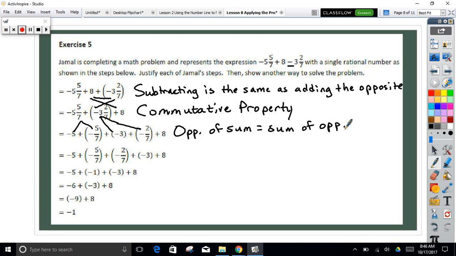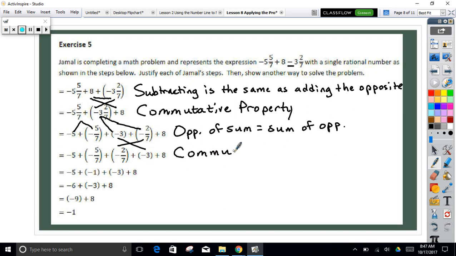Okay, next step. Kaylin, what happened in the next step? They switched 2 sevens. Good. They switched these, and what property allows us to switch things around? Yep, you got it, commutative.